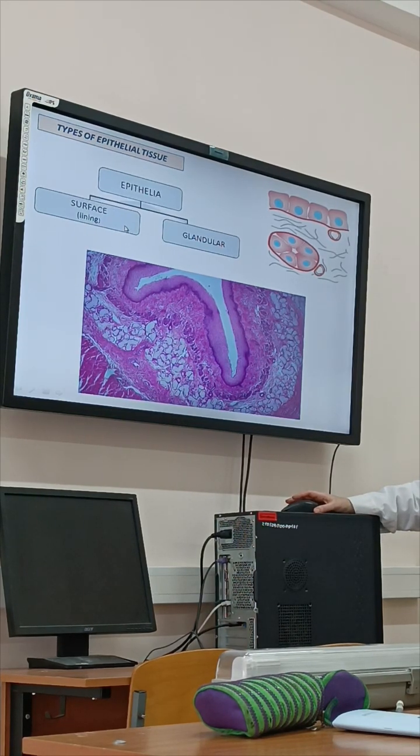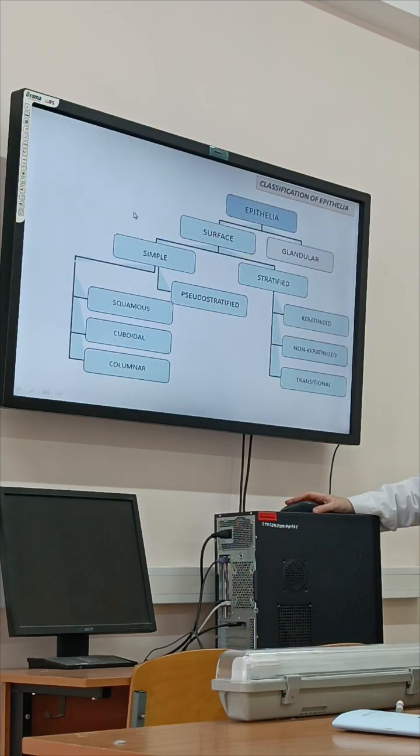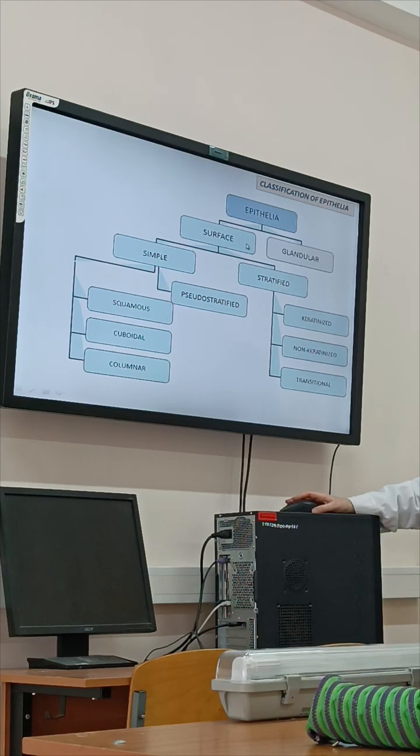Today we consider only surface epithelium and not all. Surface epithelium, after that, we subdivide into simple and stratified in relation to the basement membrane.